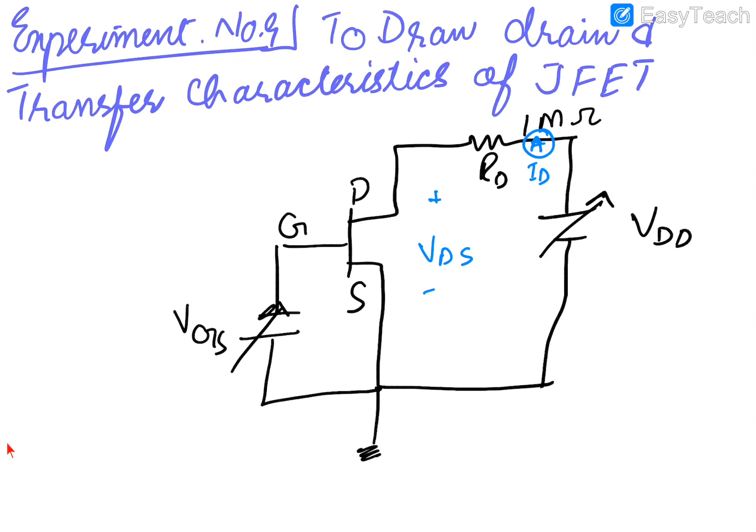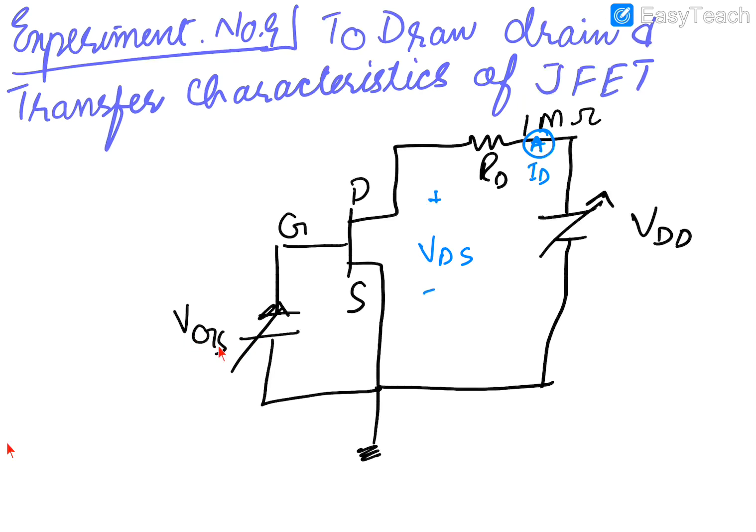Now for transfer characteristics, you have to fix the value of VDS using VDD. You will fix the value of VDS, let's say at 15 volt, and you will change VGS.